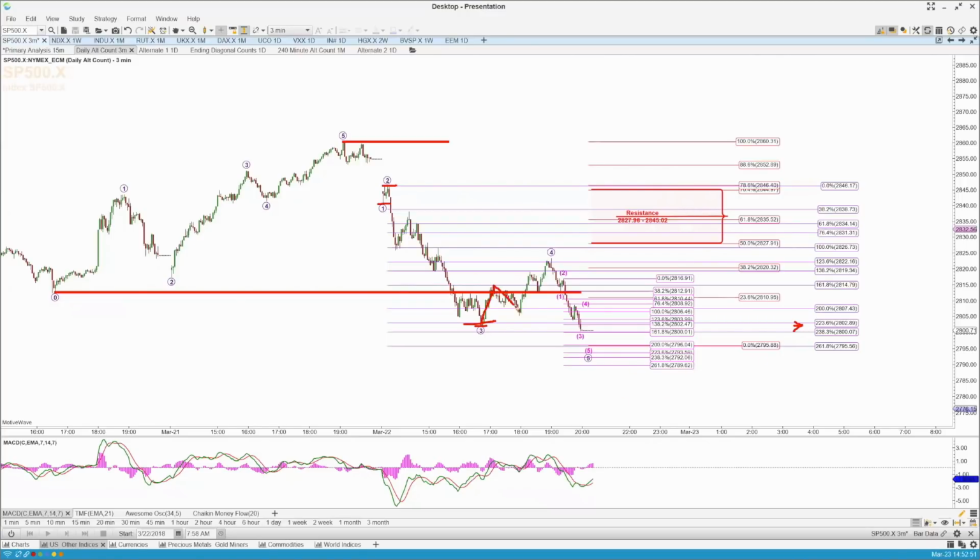We got this A, B, C, right back up into the 123.6 extension late on Friday afternoon and came down again. Then these pink fibs, bear in mind this is a 3-minute chart, we got a 1, 2, 1, 2, 3, 4, 5 into the 1618 extension at the low on Friday afternoon, and we got a minuscule bounce off that.